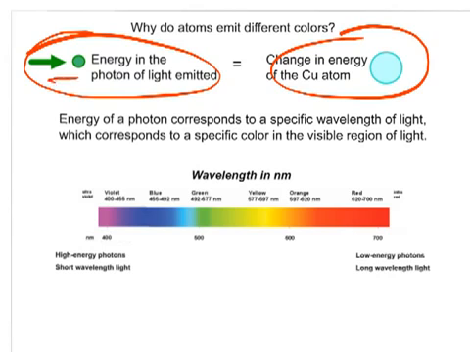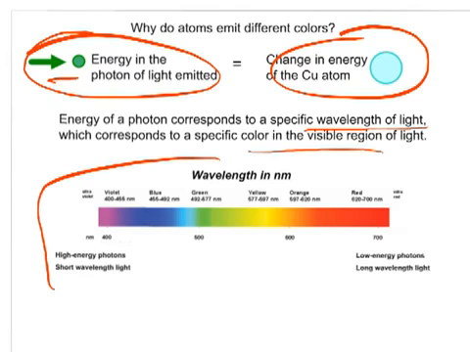So that's important to know because the energy of a photon corresponds to a specific wavelength of light. Okay? And a wavelength of light corresponds to a color in the visible region, the visible spectrum.